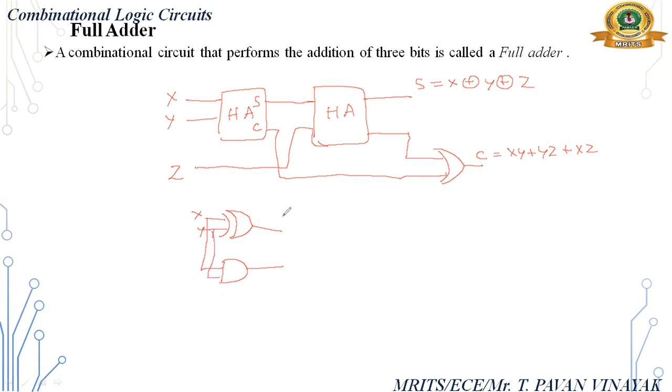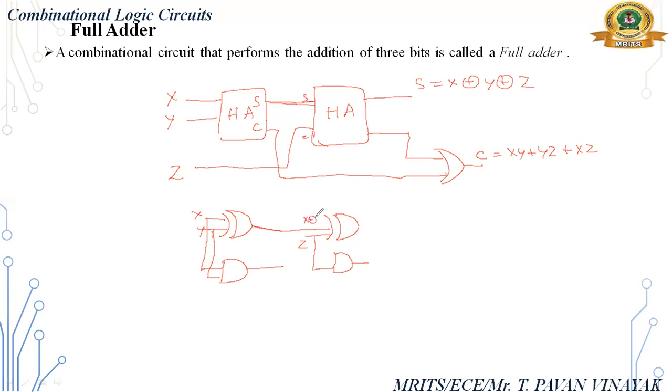Now, again one more half adder we are getting. For this one, what are we giving? Z. And this half adder output is given to C. Two inputs: one is the sum, another one is Z. So this sum is what?